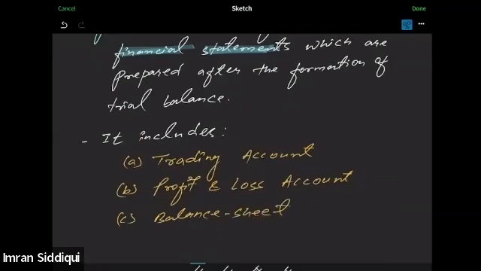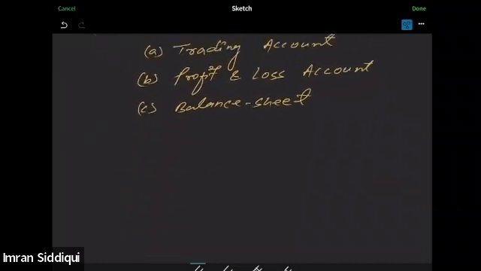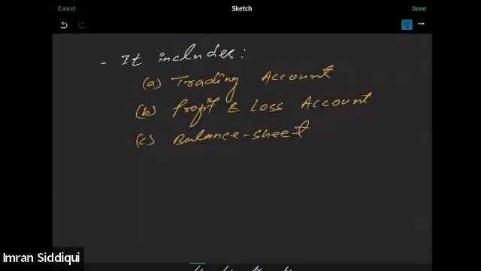All right. So the objective of today's session will be to understand the trading account. We'll cover all these different statements, trading account, PNL, and balance sheet, one by one, starting with the trading account.